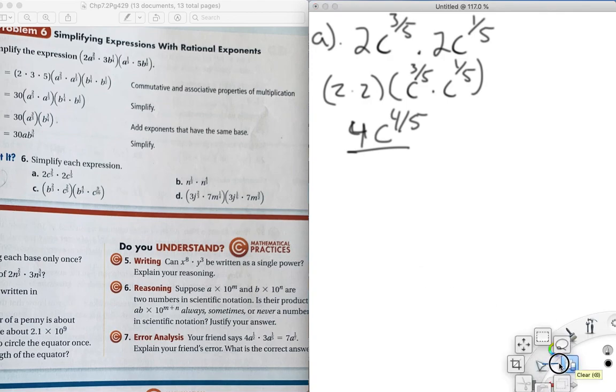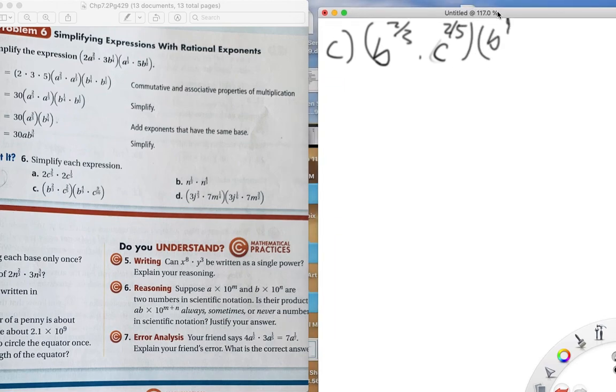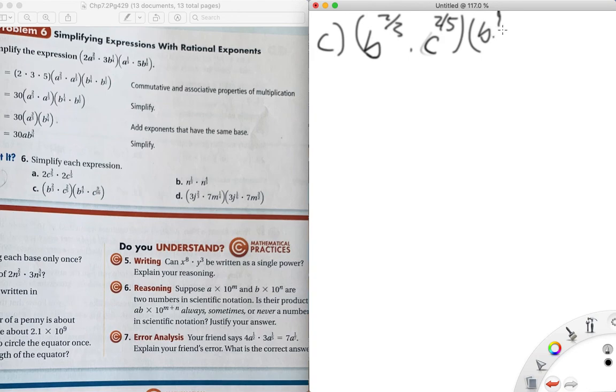Let's actually do C. So C, we have B to the 2/3 times C to the 2/5 times B to the 4/9 times C to the 9/10.